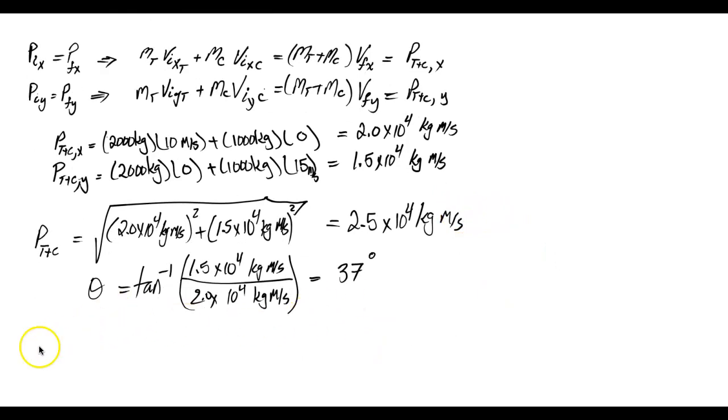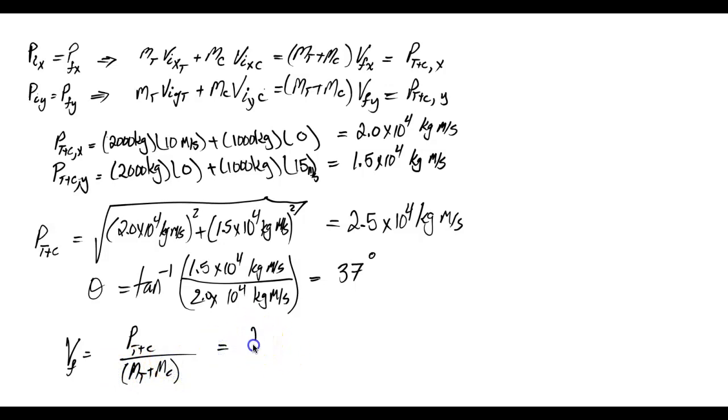And now if we want to find the final velocity, that is the same as the momentum of the truck and the car over the mass of the truck plus the mass of the car, because that's the new mass of our system.